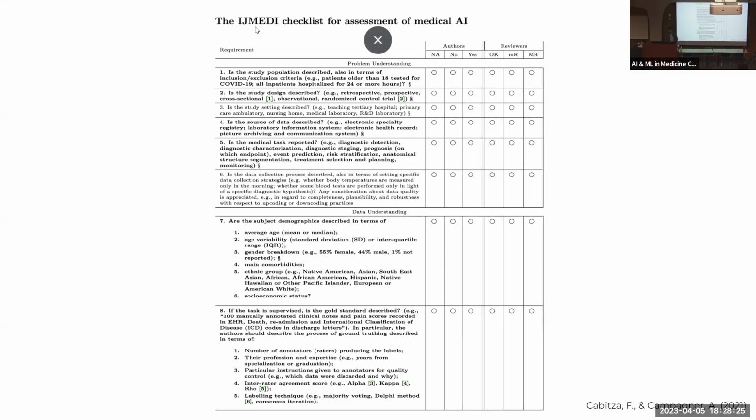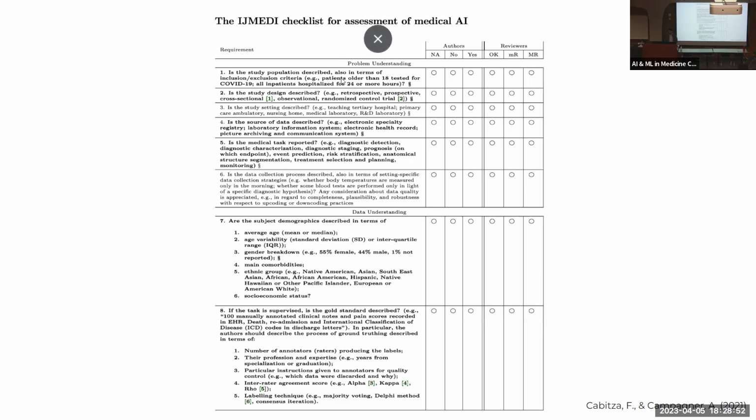But like I said, this is the International Journal of Medical Informatics. They have this paper in the journal that's essentially the checklist for them to publish any sort of medical AI paper. The questions they ask are categorized into specific categories: problem understanding, data understanding, and a bunch in the next slides as well. Then you get a score.